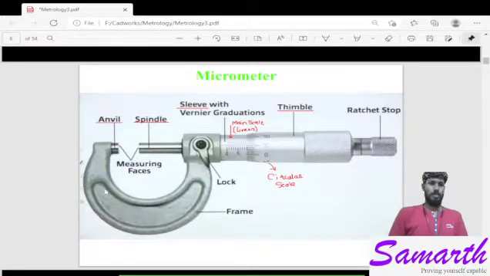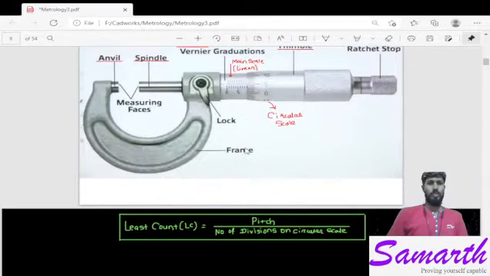This portion is called the frame, and this is the lock. Once we hold firmly and the ratchet starts making noise, we have to lock this and take the reading. Then we will see how to take this reading.